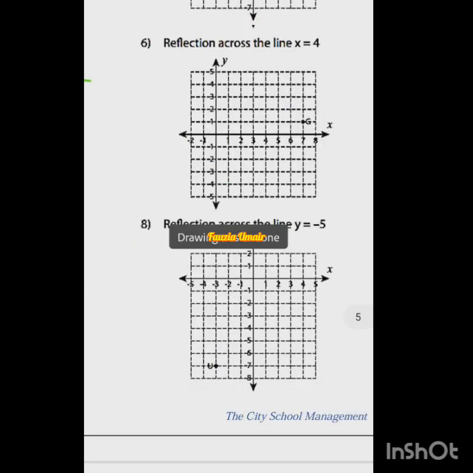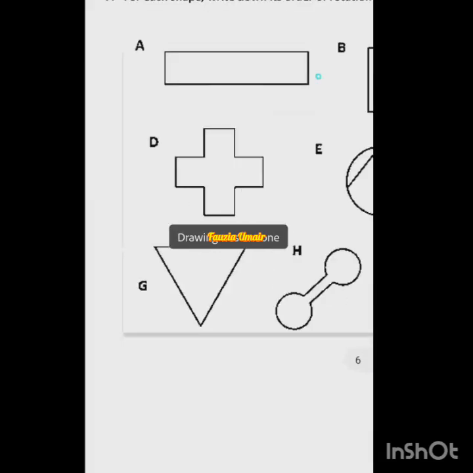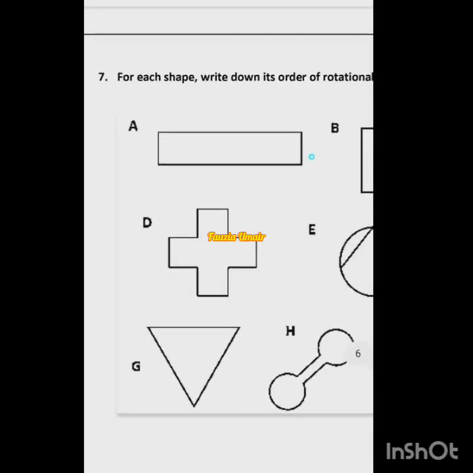No, ma'am. All right. So now this last question of this worksheet is for each shape, write down the order of rotational symmetry. So what is the rotational symmetry of a rectangle? 2. That's right, because it's a rectangle. So rotational symmetry is 2.